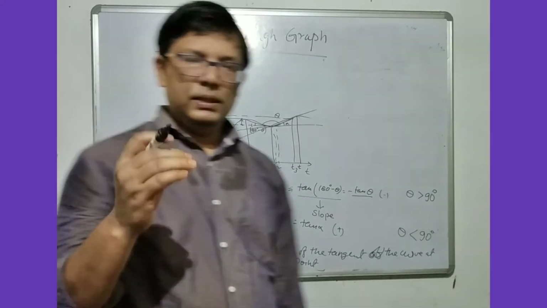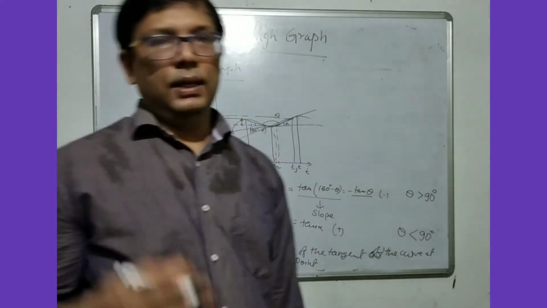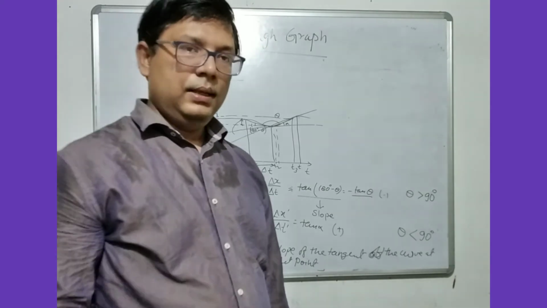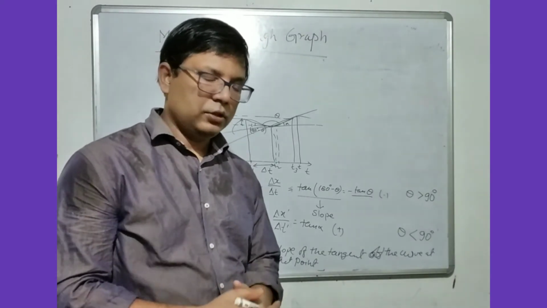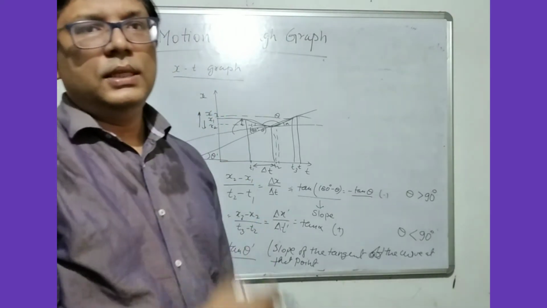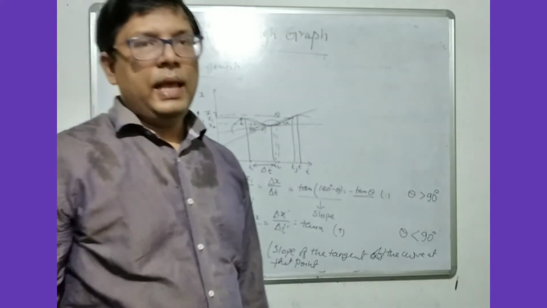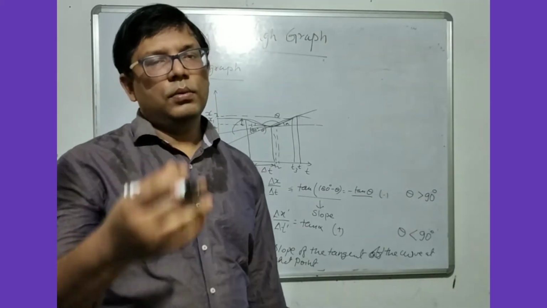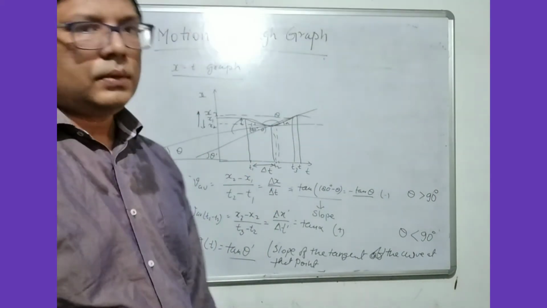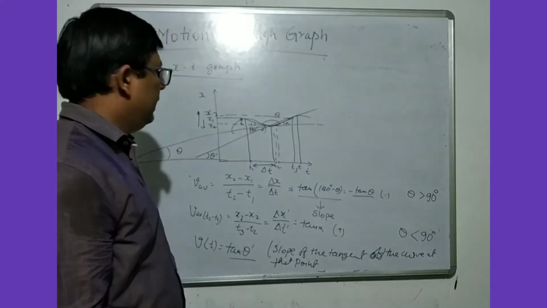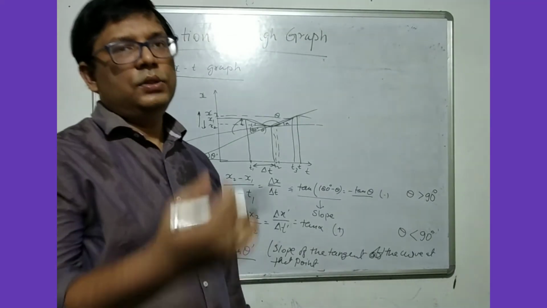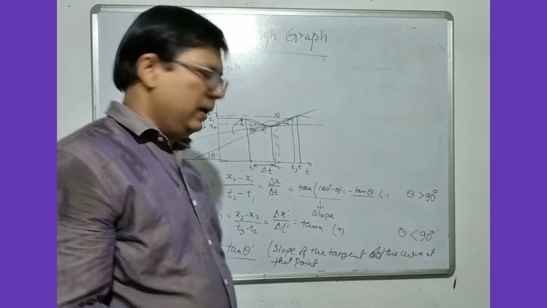So positive velocity means the object is moving in the positive x direction, and negative velocity means the object is moving in the negative x direction, and that's why its displacement changes accordingly.